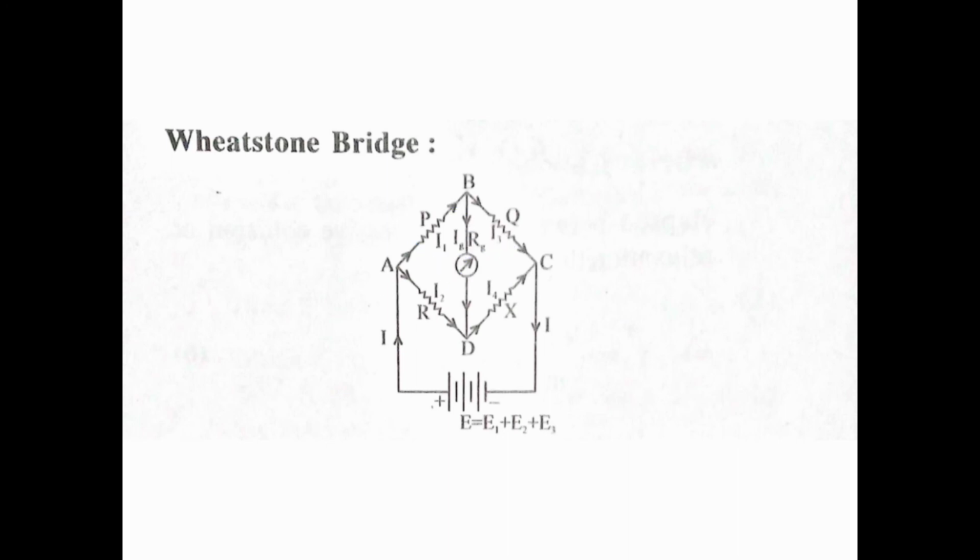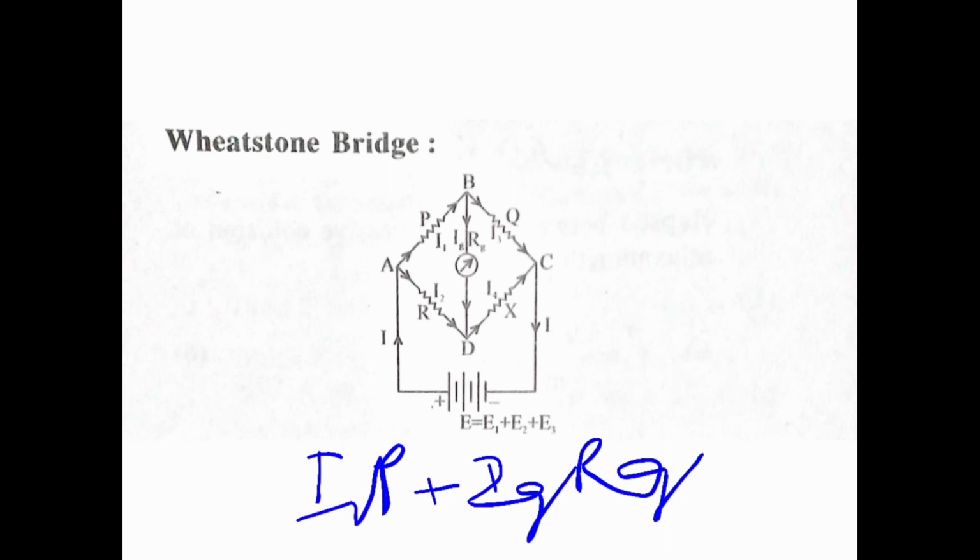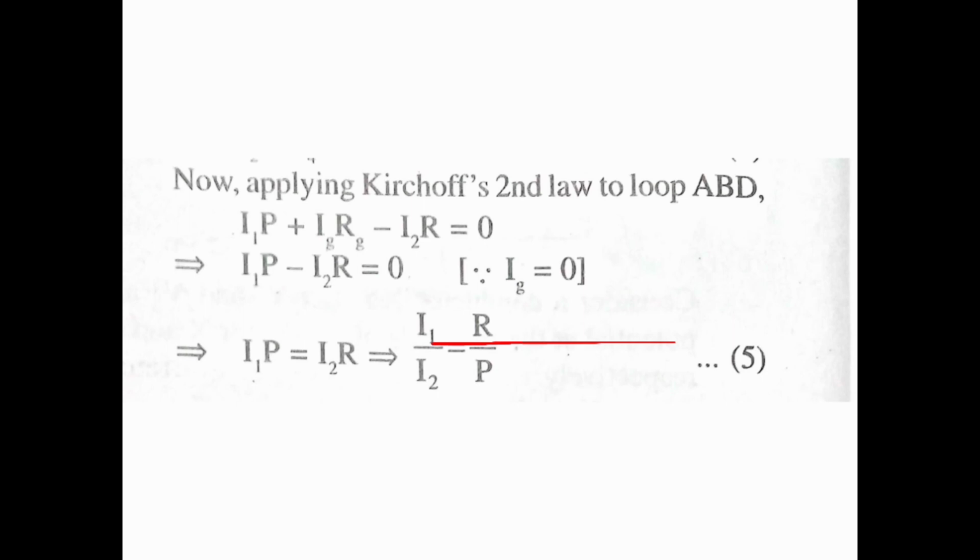We can write I1P plus IGRG minus I2R is equal to 0. So see, is it right or wrong? I1P plus IGRG minus I2R is equal to 0. You can get this. And putting IG is equal to 0, we get I1P minus I2R is equal to 0.